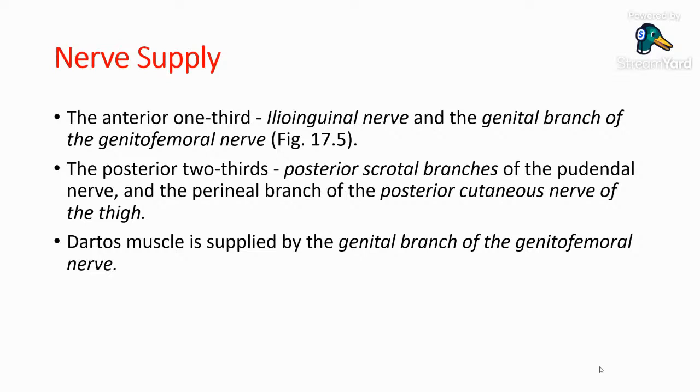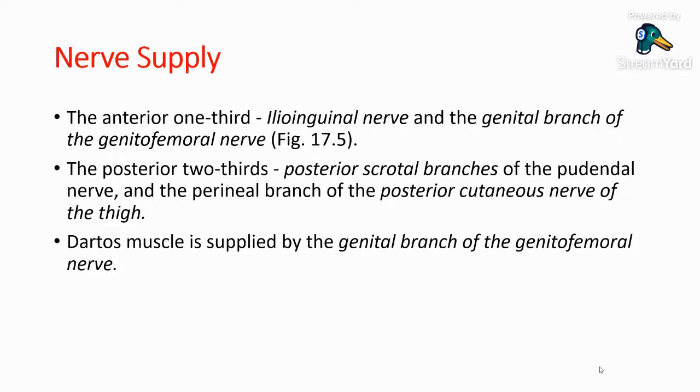The posterior two thirds is supplied by segment S3 through the posterior scrotal branches of the pudendal nerve and the perineal branch of the posterior cutaneous nerve of the thigh.